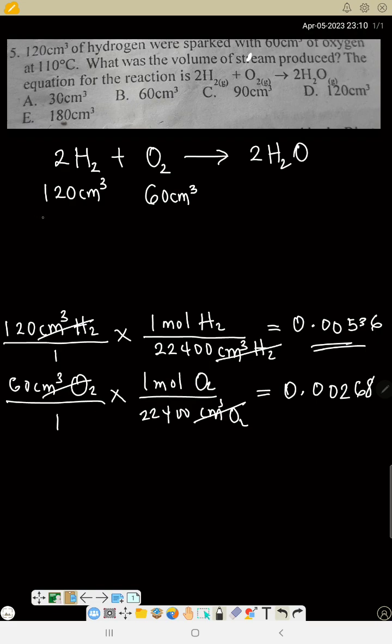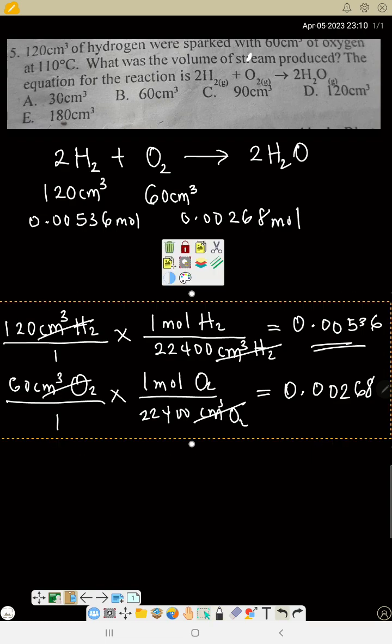So that means we have 0.00536 mole of hydrogen gas, while for oxygen it is 0.00268 mole.